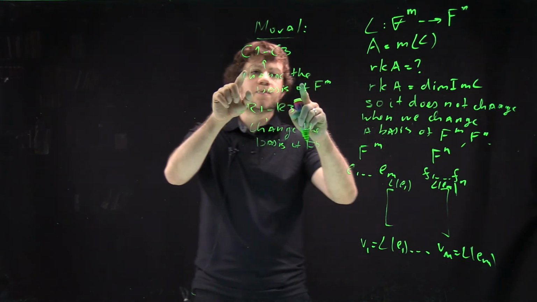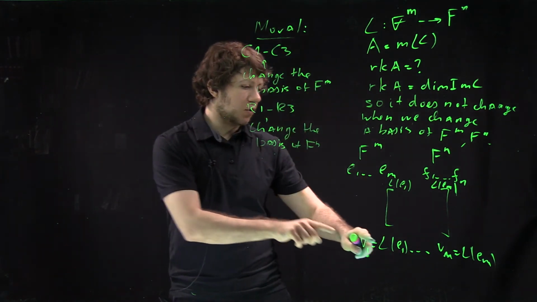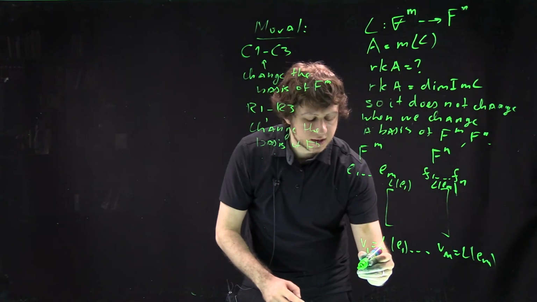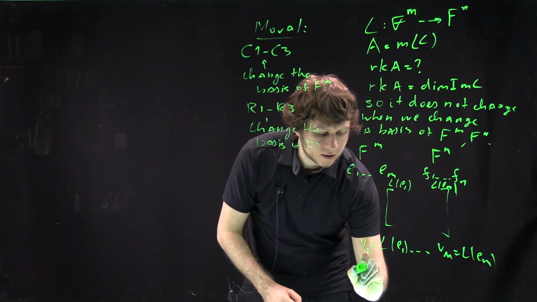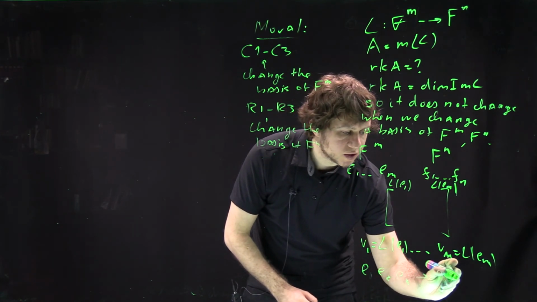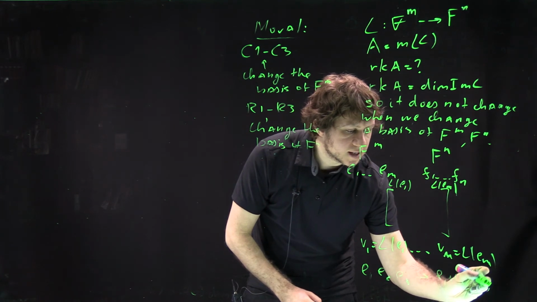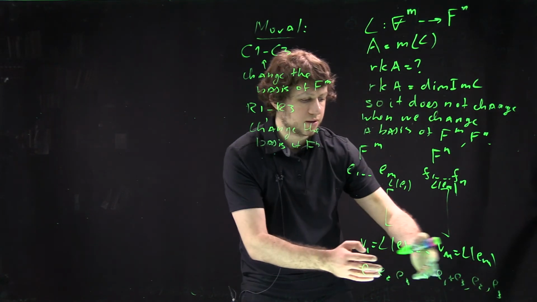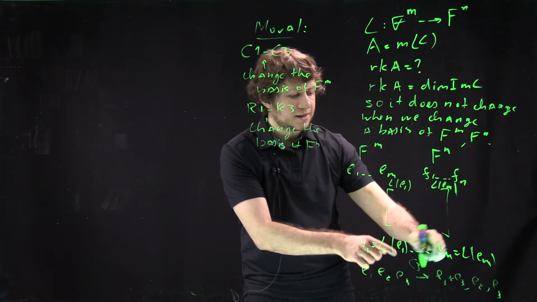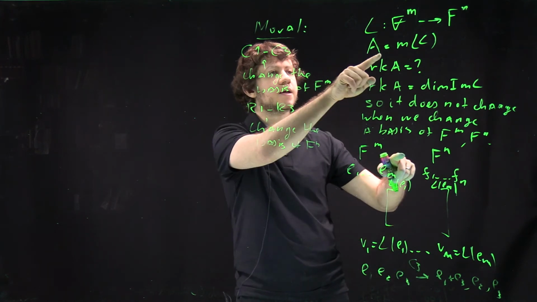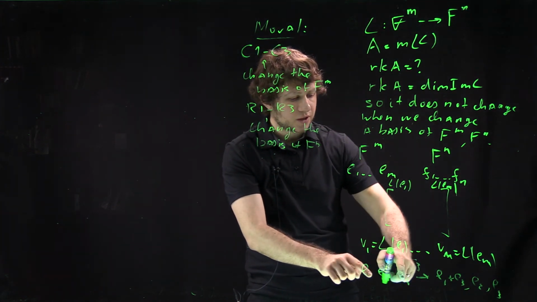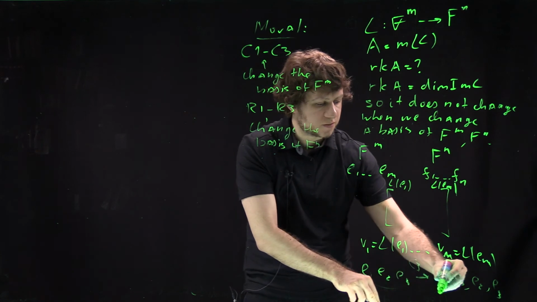And when we change the basis of Fm, this is when we do something with E1 up to Em. If, for instance, instead of E1, E2, E3 we take something like E1 plus E3, E2, E3, that's exactly the operation C3, and this is nothing but changing a basis in F3 here, where E1, E2, E3 lie. So from this basis to this basis.